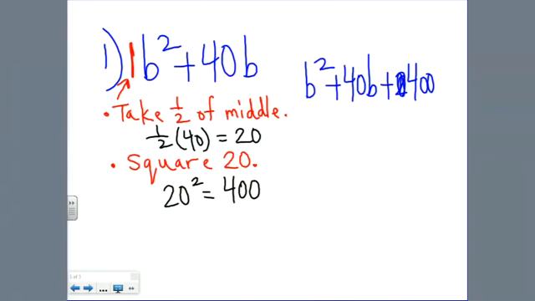Now, this is known as a perfect square trinomial because our number 400 is a perfect square. So all you do here to factor is draw your two parentheses. What goes in the first two spots is how you break down b squared, so that's just b times b. And what goes in the last two spots is the square root of 400, so we just saw earlier that's 20.